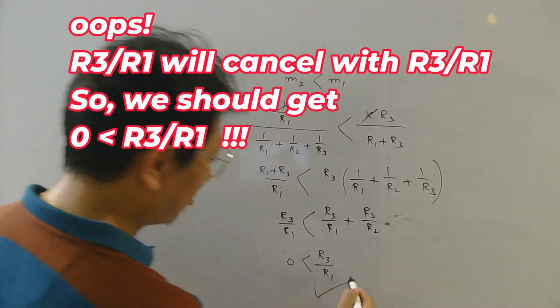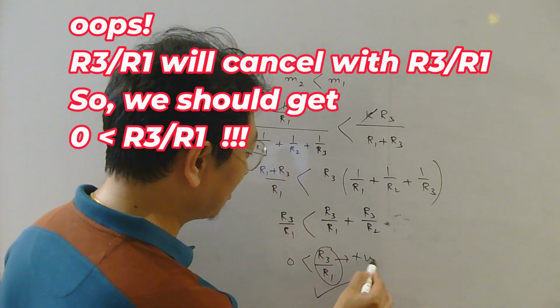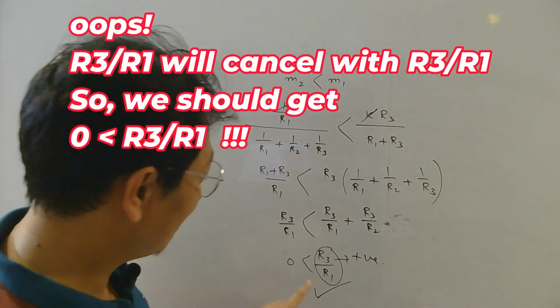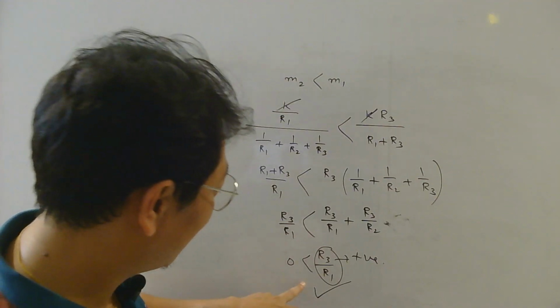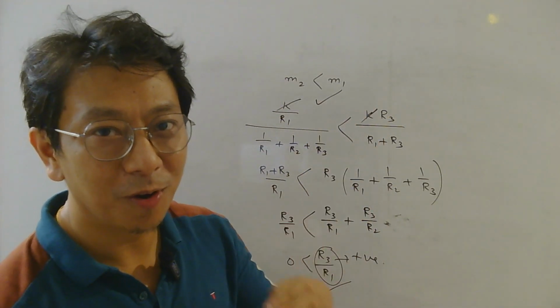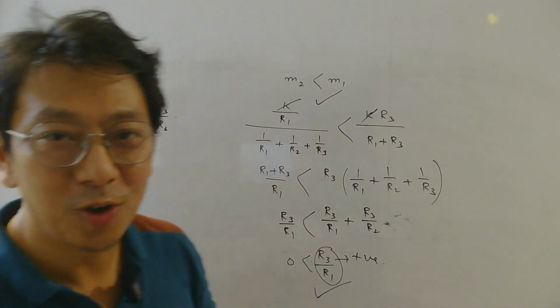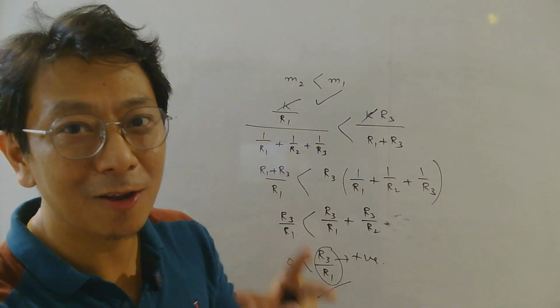And you know this is true only because these are positive values. Resistances are always positive, right? So since this is valid, 0 is obviously less than a positive number. So since this is true, this is true. So that's why the slope of your output voltage versus time graph will be less in the second case when the diode is on.